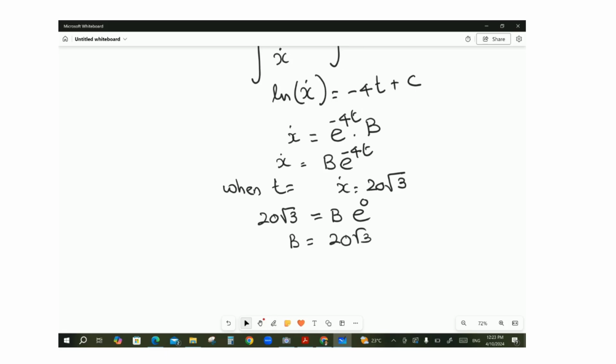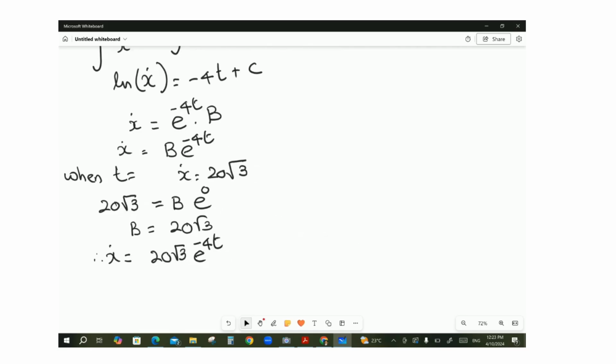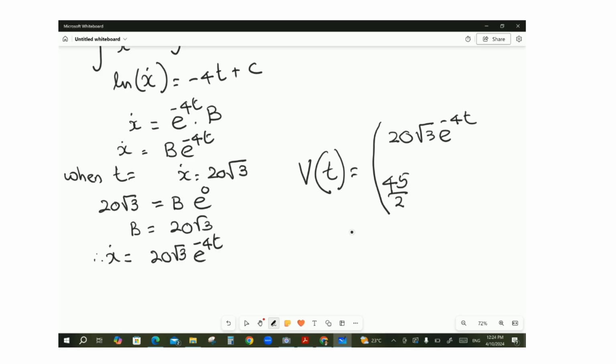Now if I substitute this value, we find x dot is equal to 20 square root of 3 e to the power minus 4t. So therefore the velocity vector v(t) is equal to, horizontal, 20 square root of 3 e to the power minus 4t, vertical velocity 45 divided by 2 e to the power minus 4t minus 5 over 2.